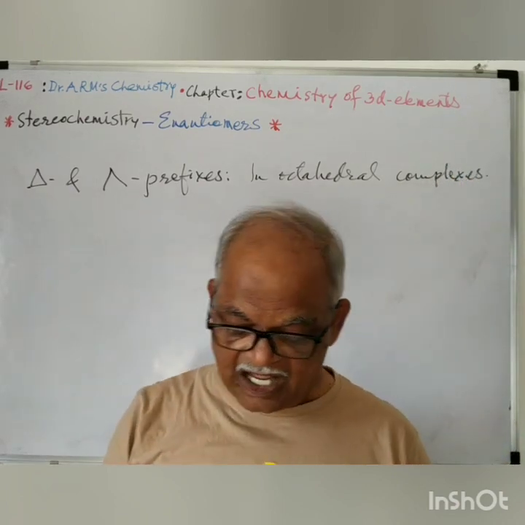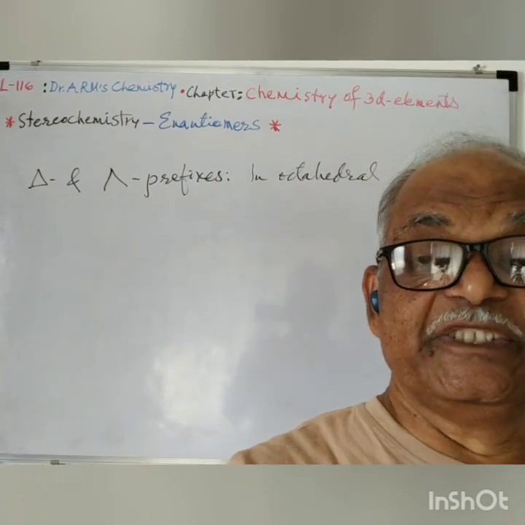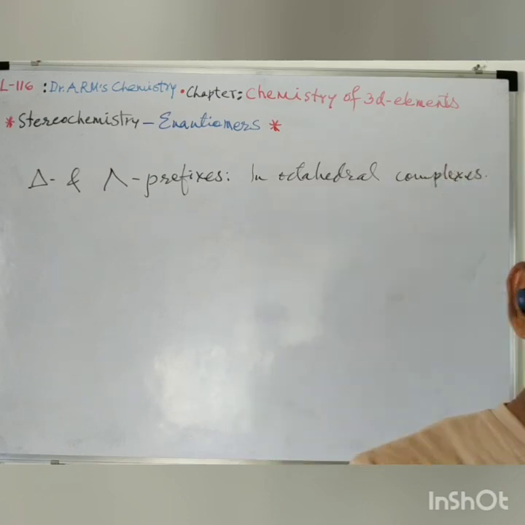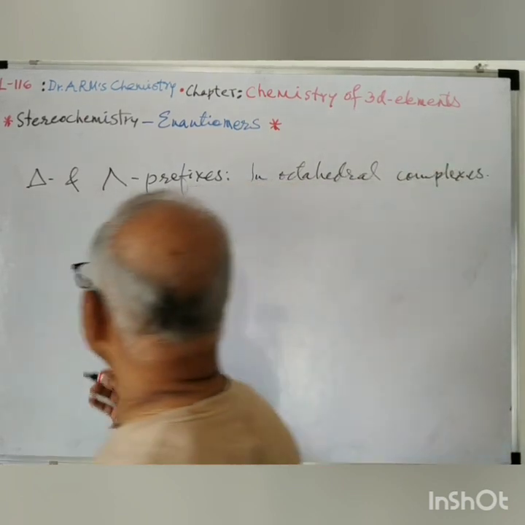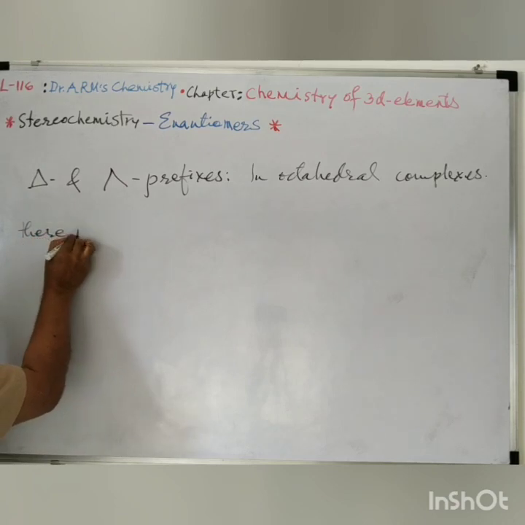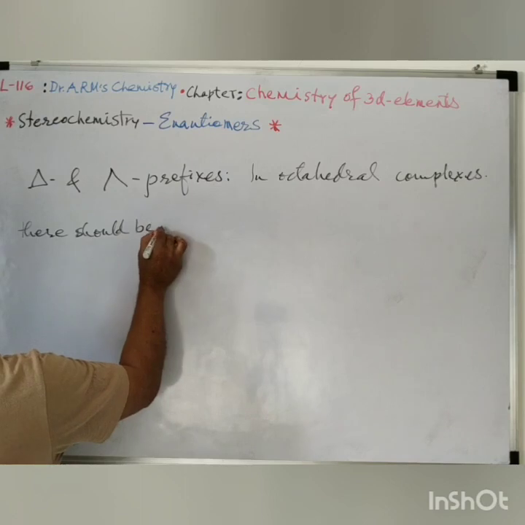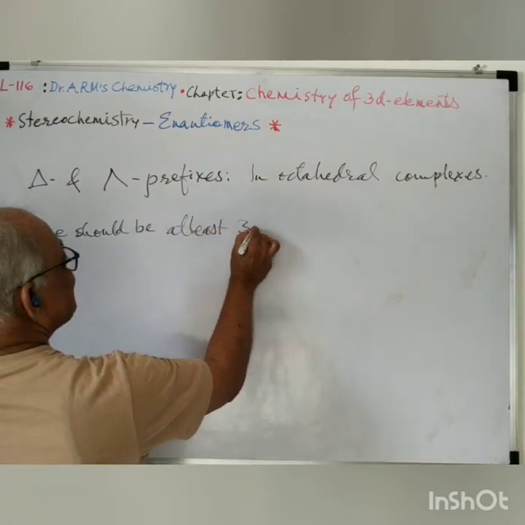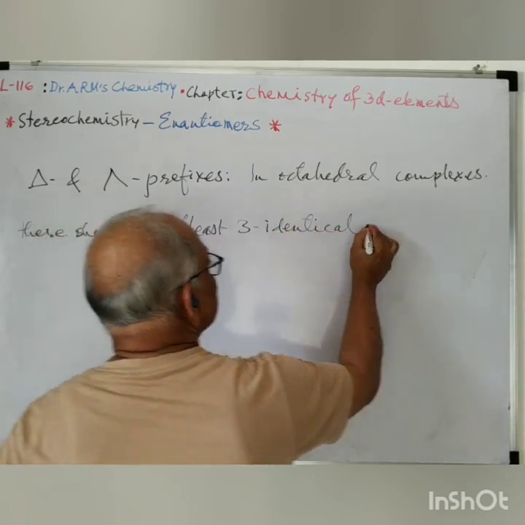Octahedral complexes which are containing at least 3 ligands of same nature, means 3 equivalent ligands. So the important requirement is that there should be at least 3 identical ligands.